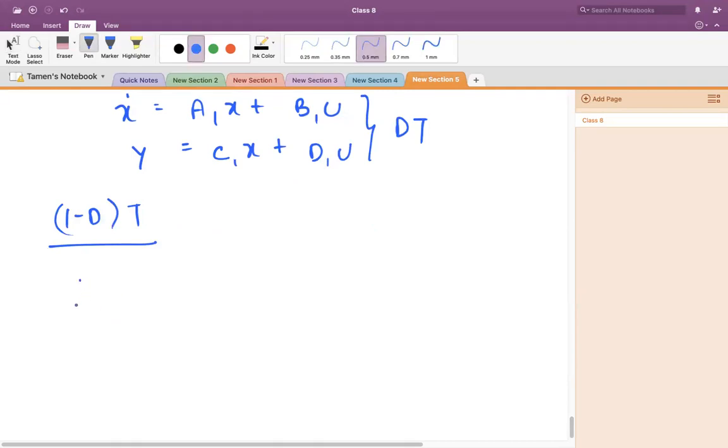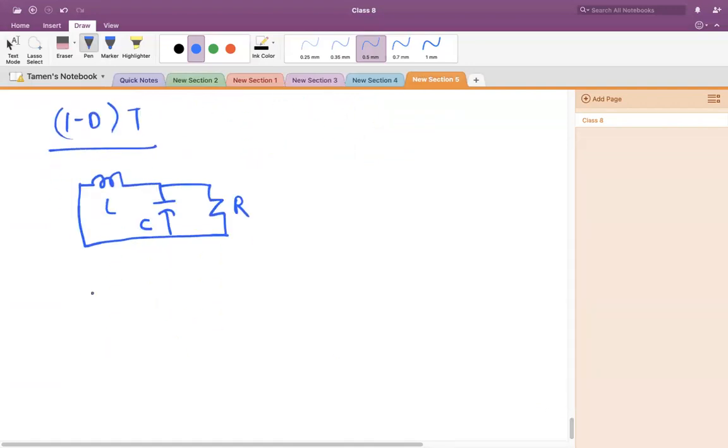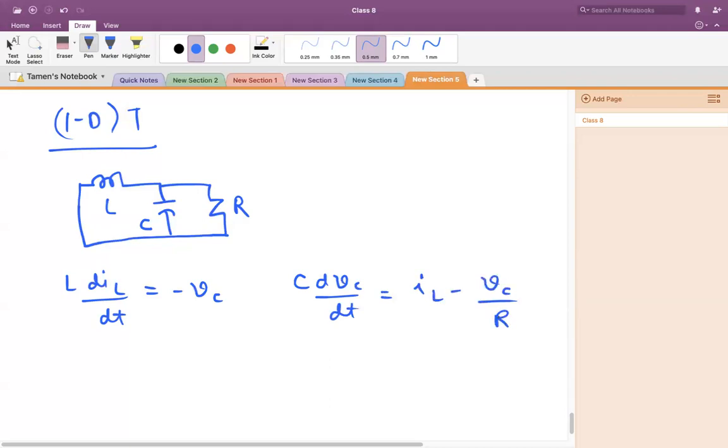The off condition circuit will be, writing the equation, dIL by dt equals minus VC, and C dVC by dt equals IL minus VC by R. Same, we have to form the differential equation in this case.